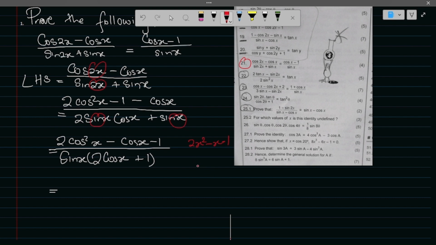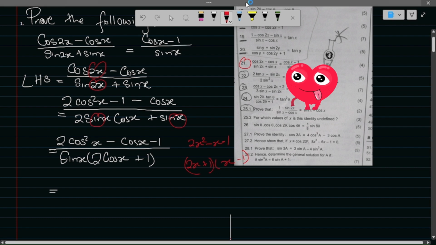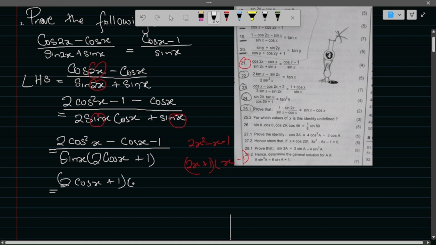It would be 2x plus 1, and then x minus 1. There's nothing rocket science here. So this would be 2 cos x plus 1, and then cos x minus 1.